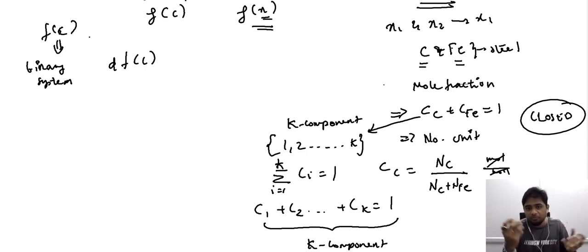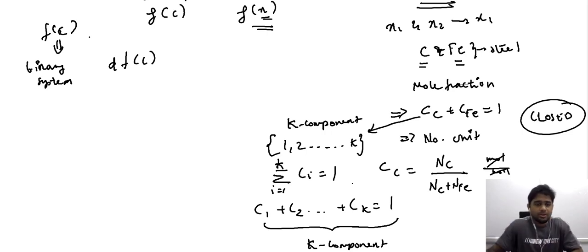They are able to make such a reasonable, consistent assumption primarily because they have expressed it in terms of mole fraction, and again they are considering a closed system. So whenever you are looking into research literature and you find that despite stating that there are k components involved in the system, their expression only involves k minus 1 components, it's primarily because they have reduced this dimension based on our understanding of what a closed system is.